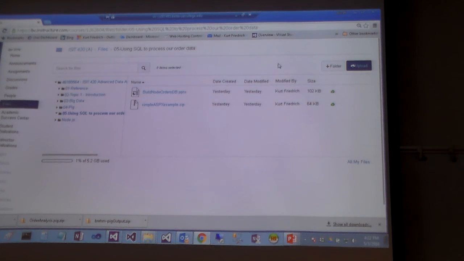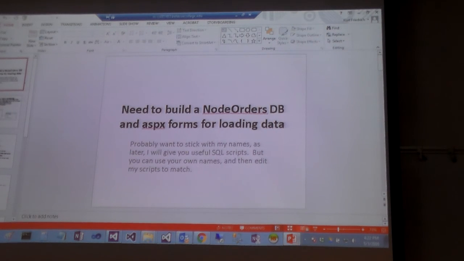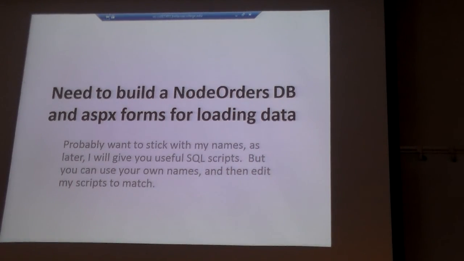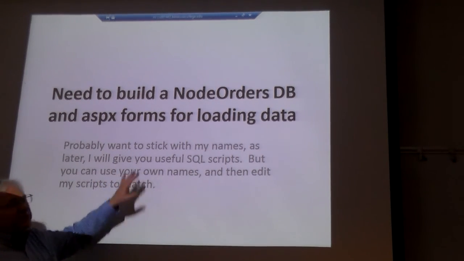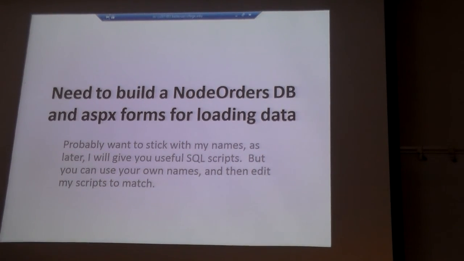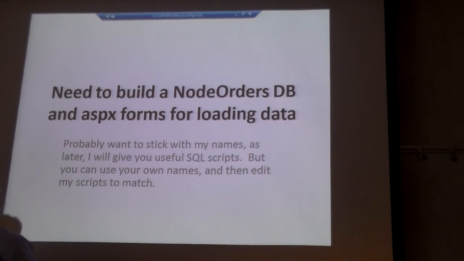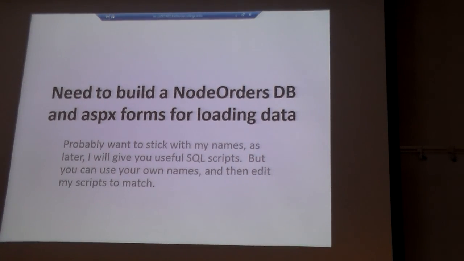If we look at this PowerPoint, we want to build a node orders database, and then an ASPX form for inputting data to it, for adding a record manually. I strongly suggest you stick with my names. That way I can give you code and scripts, and they'll just work. But if you really don't like my names and you're willing to convert whatever I give you into your naming system, go for it.